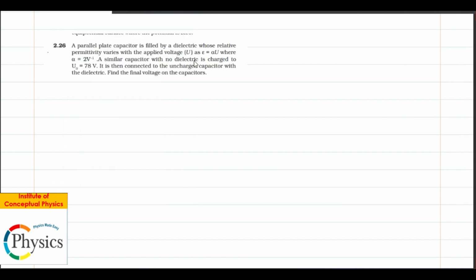Now, in this problem, if you notice, what you have is two capacitors, and one capacitor is filled by a dielectric. Okay, so let me just fill it with a dielectric. The only thing is the dielectric is not a constant but is a variable.